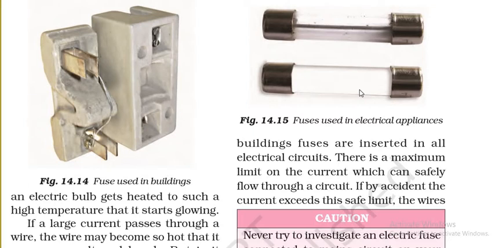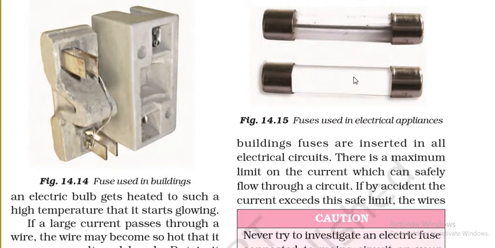So how does it operate, children? When an excessive current flows through the circuit, eventually the wires will melt, and it may lead to fires and short circuiting. So to prevent that, we use fuses.